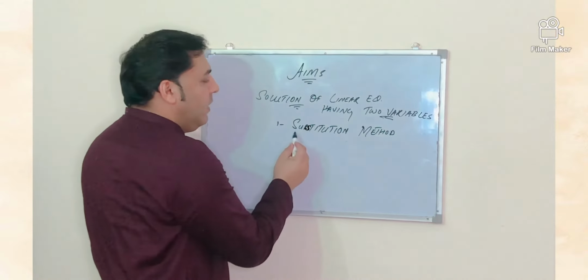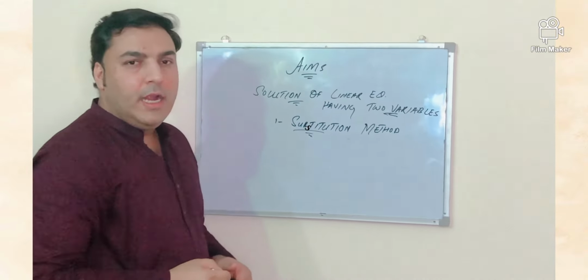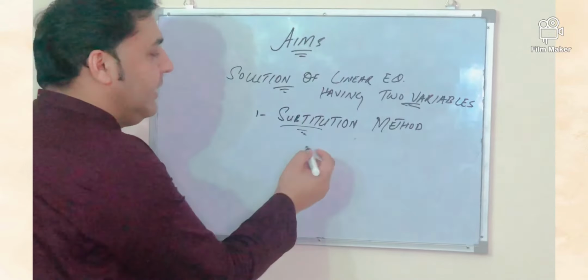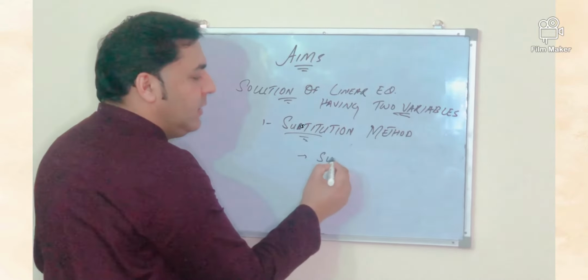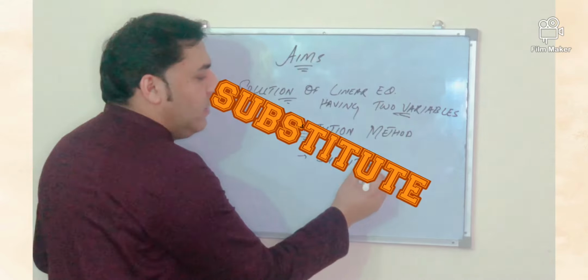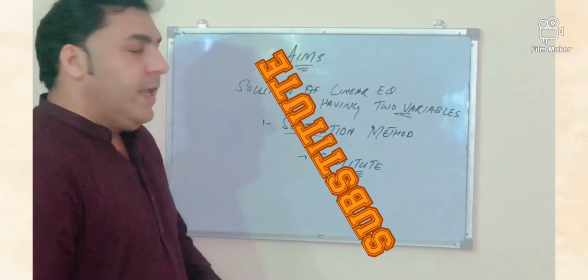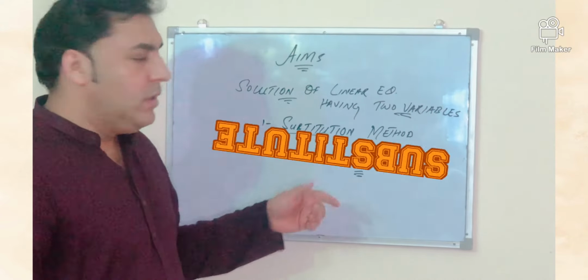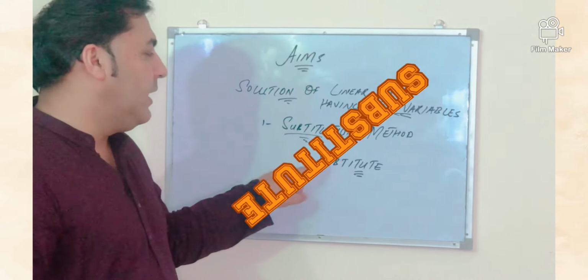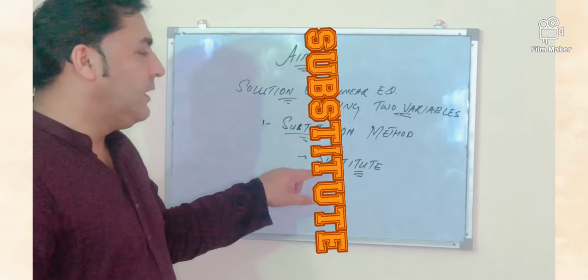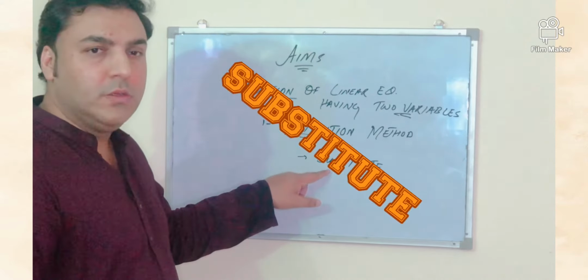So what we understand by substitute? In cricket and football match, we normally hear the word substitute. What does it mean? Whenever a player goes out of the field and another replaces him, we say he is the substitute.